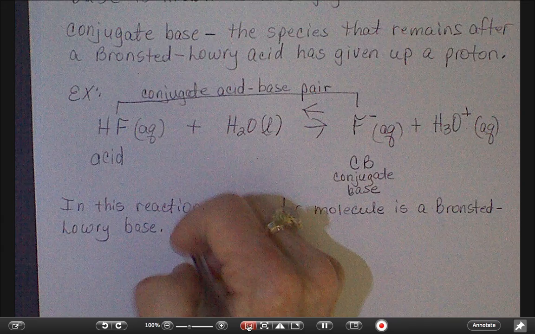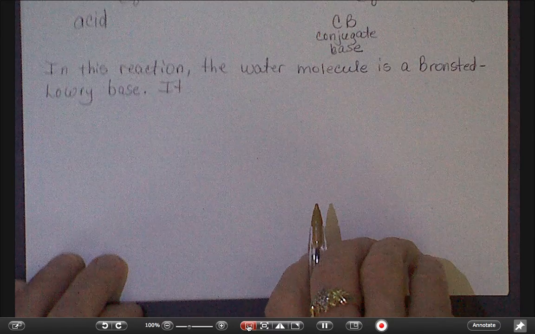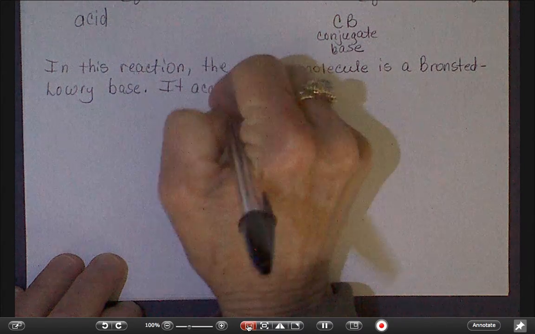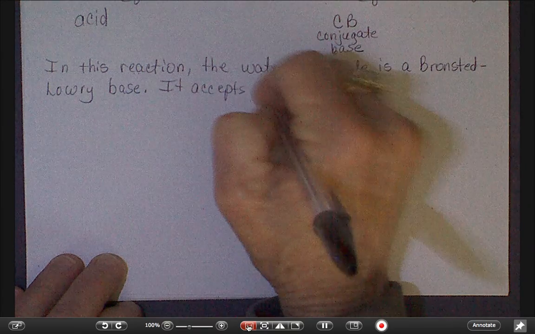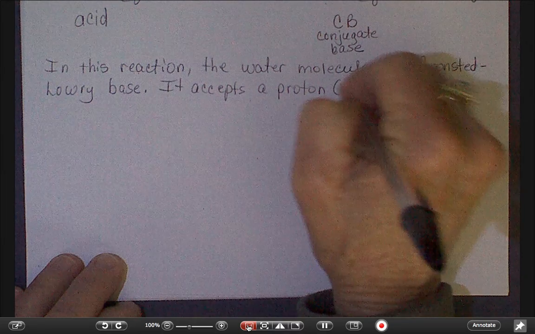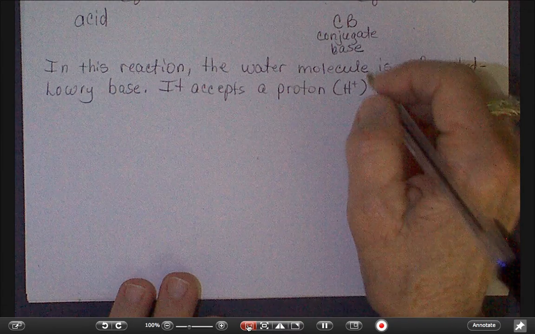It accepts a proton. Why do I keep putting H plus after that word proton? So it will sink in your head.